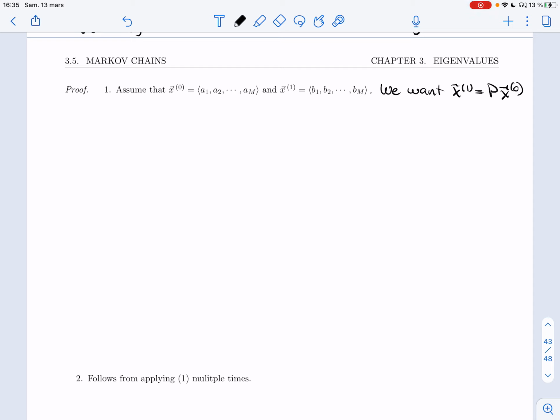So we'll just look at one entry. Let's look at bi, and figure out what that means. bi is the probability that x1 is at state i. So I could have come from any of these states.